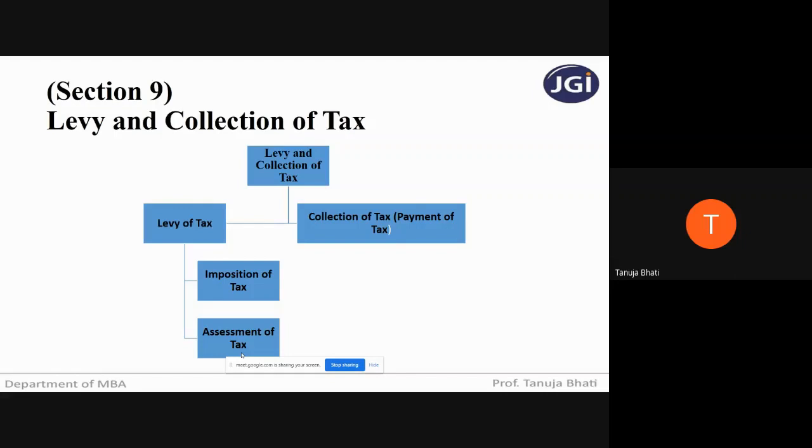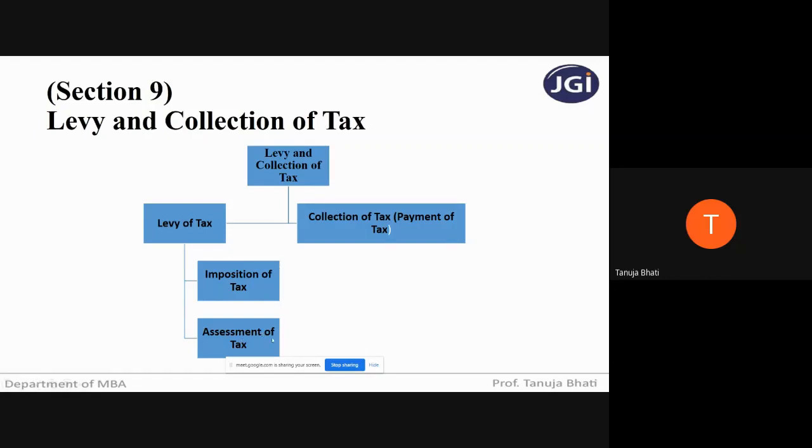So in GST, the taxable event, as we have seen earlier, is the supply, where you know that a particular transaction amounts to supply. What is the first thing the supplier is going to do? He is going to impose the tax on that supply. Correct? And as and when he imposes tax, immediately he is going to assess the tax.